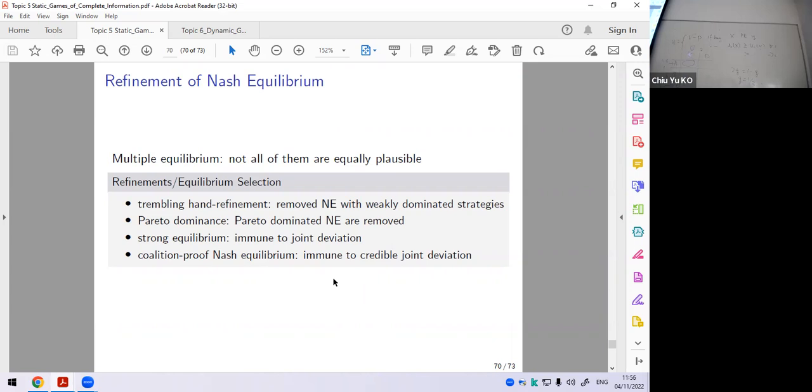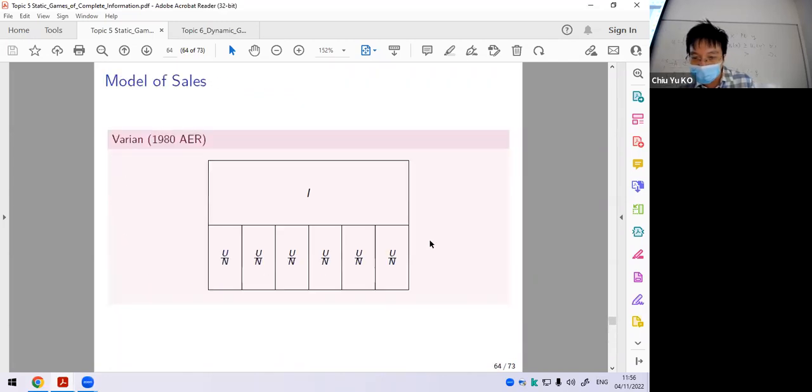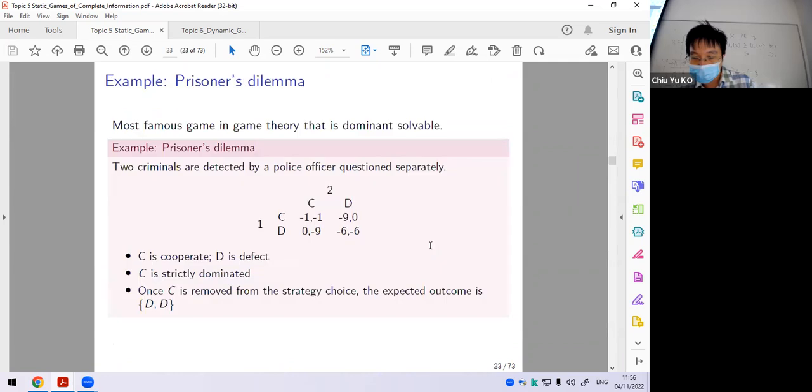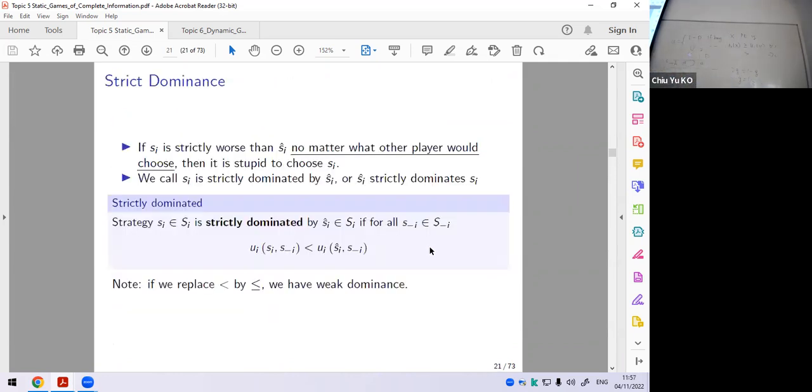And what that means is trying to remove weakly dominated strategies. Weakly dominated means that, suppose this is 4, 4, 4, so you replace this by this guy.